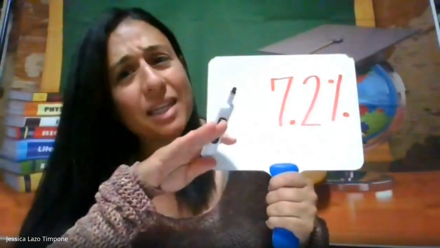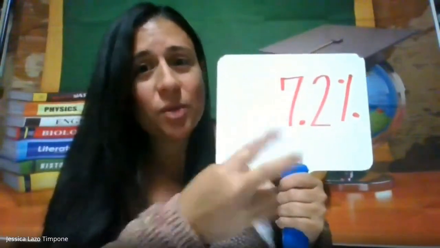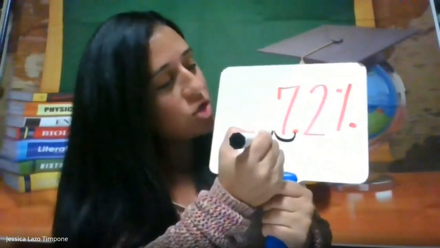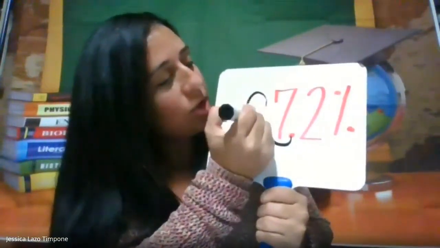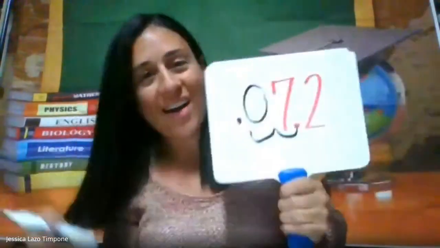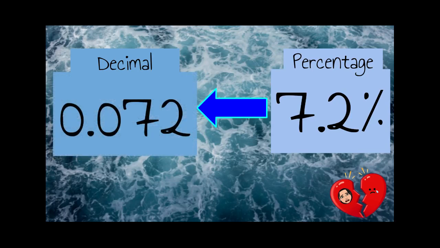But the decimal wants to get really far away, so we're going to move it 2 times to the left. 1, 2, and now the decimal knows for sure that that percent is long gone. And we get 0 and 72 thousandths.